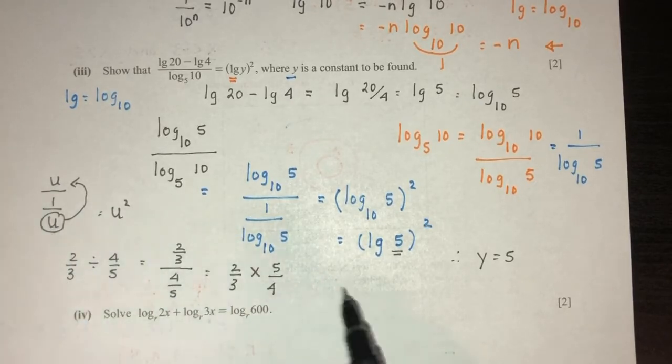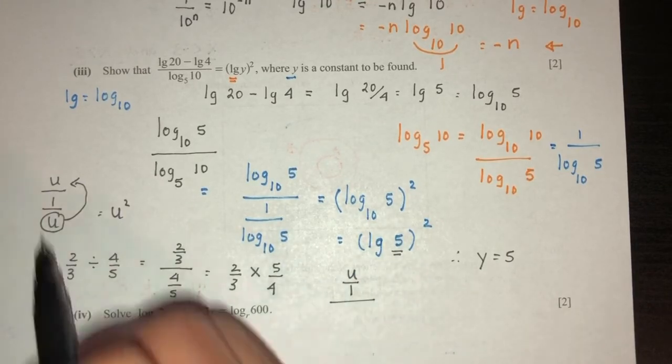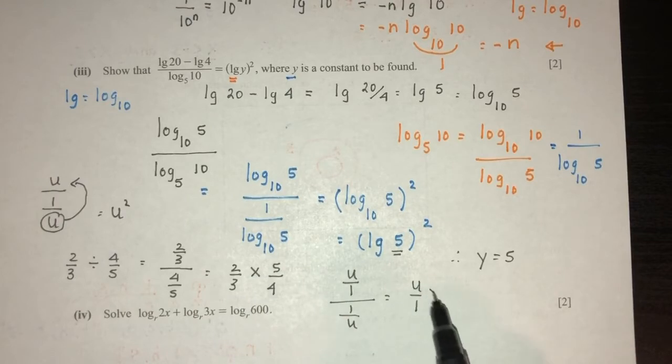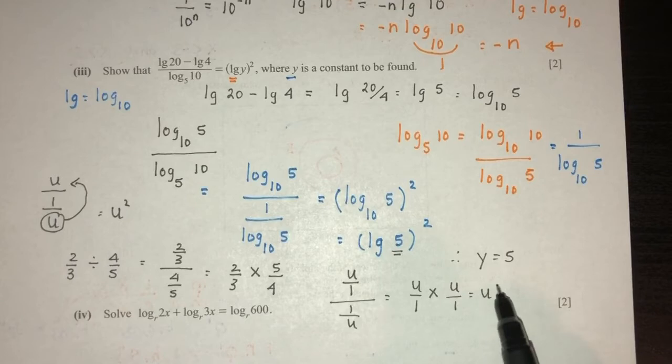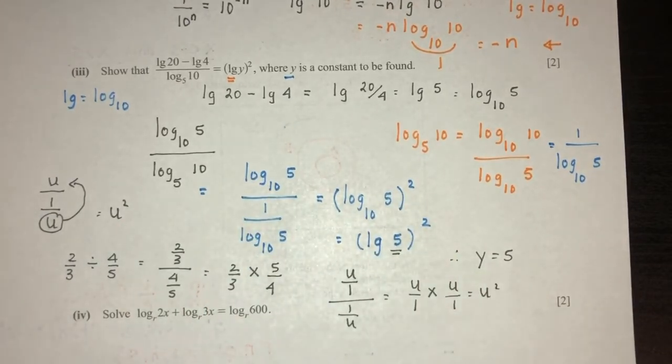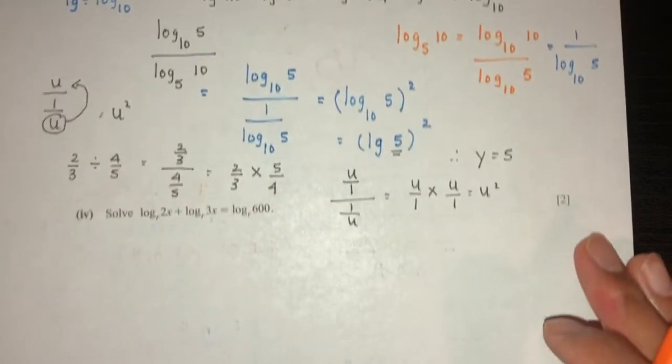So same step here. When you have u over 1 divided by 1 over u, we want to change divide. You will have u over 1 multiplied by u will go up, so you will have u squared. So that's how I got this one, and this is your value of y. Now let's move on to part 4.